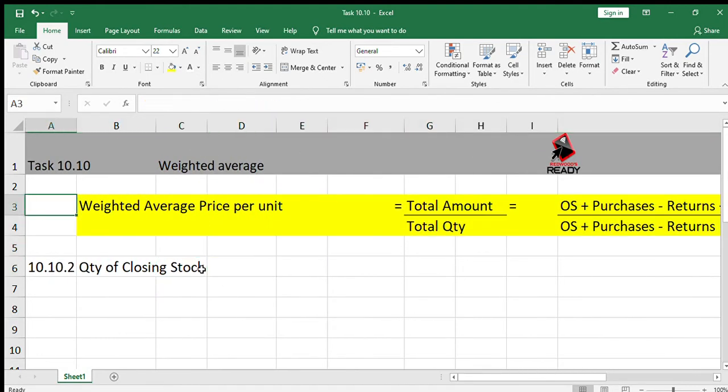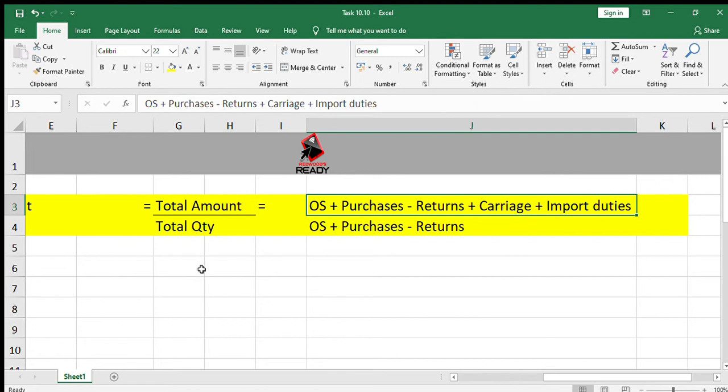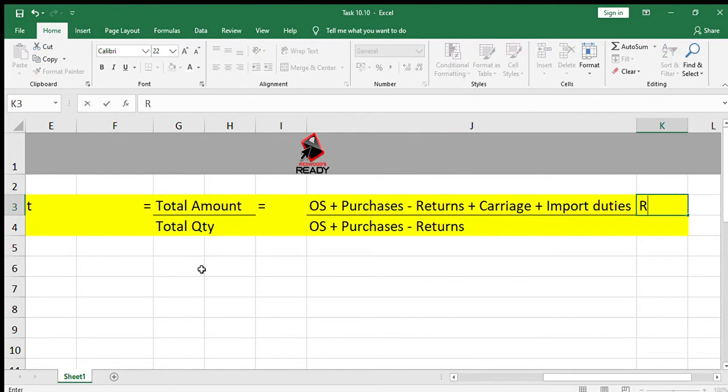So we calculate the weighted average price per unit. In order to get that, we say total amount divided by total quantity. For the total amount, you're going to take the rand value of your opening stock plus your purchases minus returns plus carriage plus import duties. So on the top, you need the rand value. At the bottom, we need the quantity.